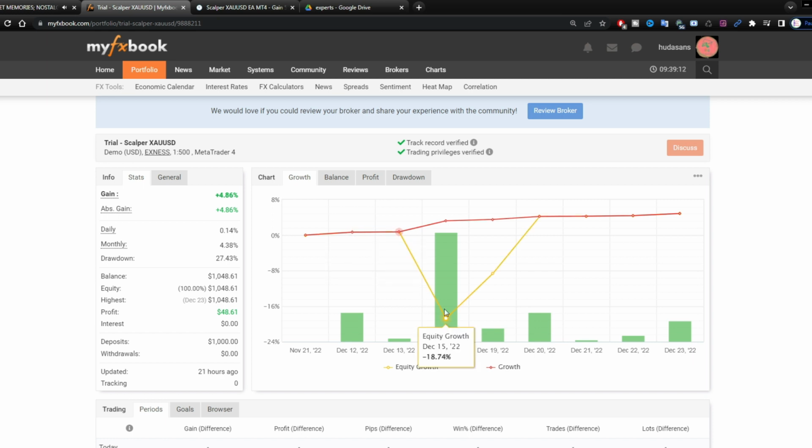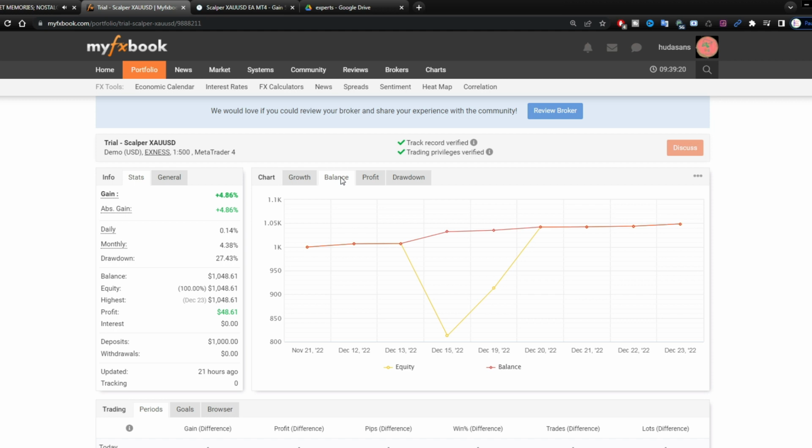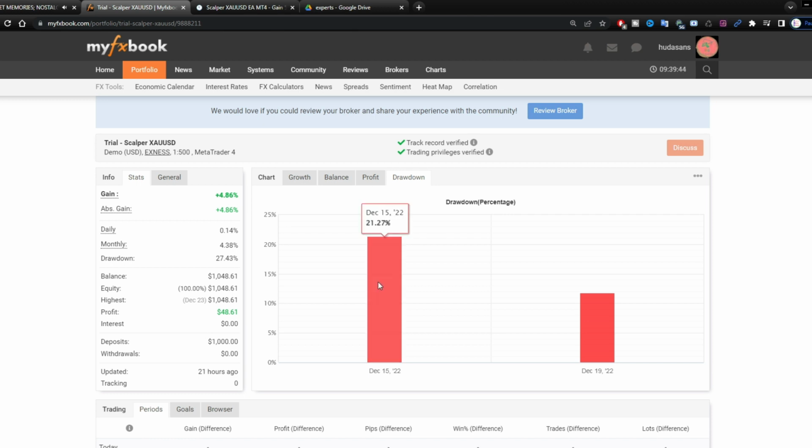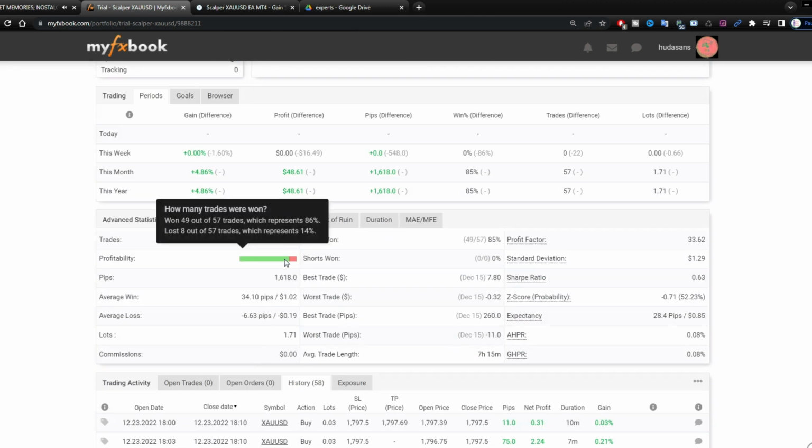You can pay attention to the details of growth, balance, profit and drawdown risks in this graph. The colored line shows the drawdown that occurred. From the advanced statistics I get a profit ratio of 86% and a loss ratio of 14%, from a total of 57 transactions.